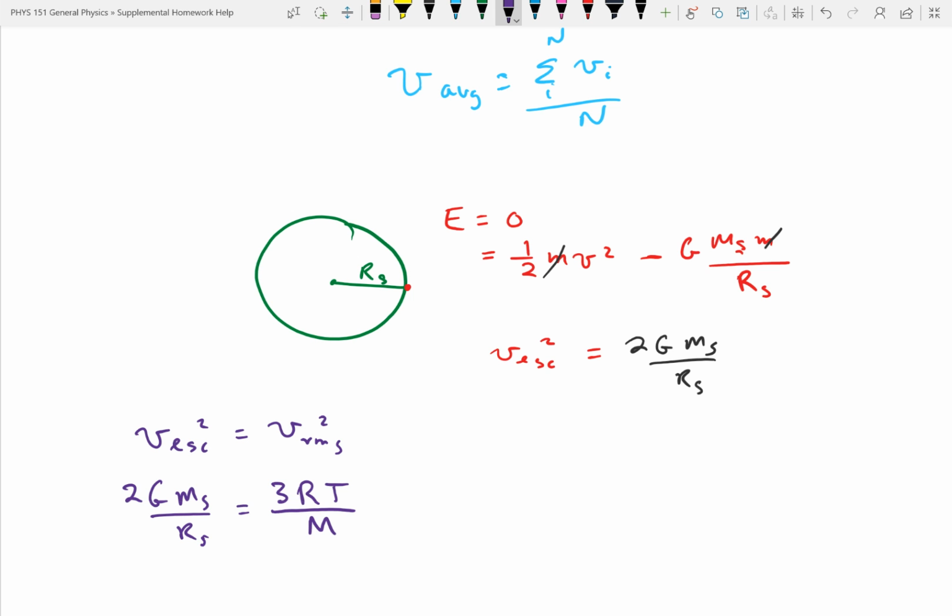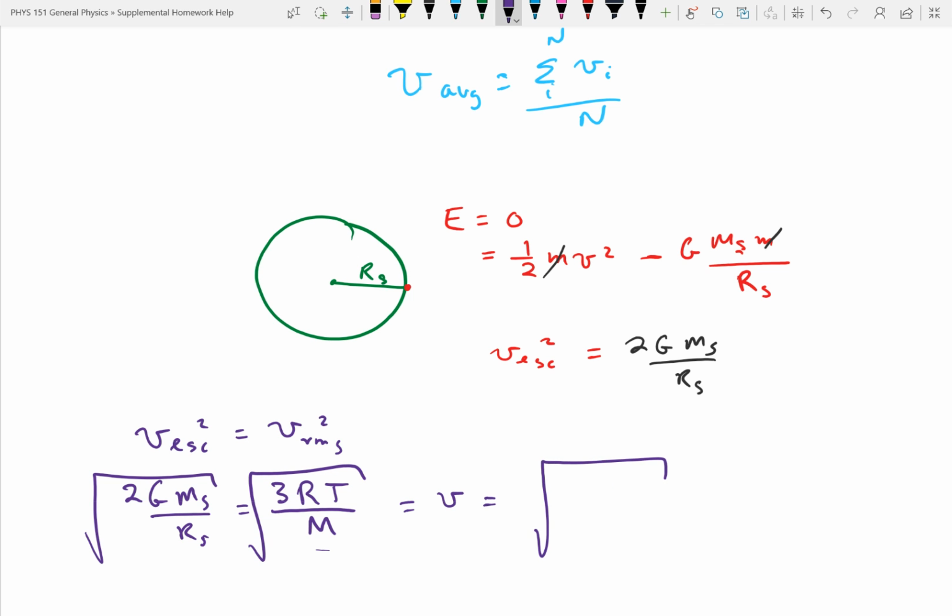And the problem asks us for, what is velocity? That's why you're supposed to read the whole problem. This is all perfectly good. We now have two ways of calculating the same thing. So we can calculate it either using this or this. I guess I should put the square roots on both sides.